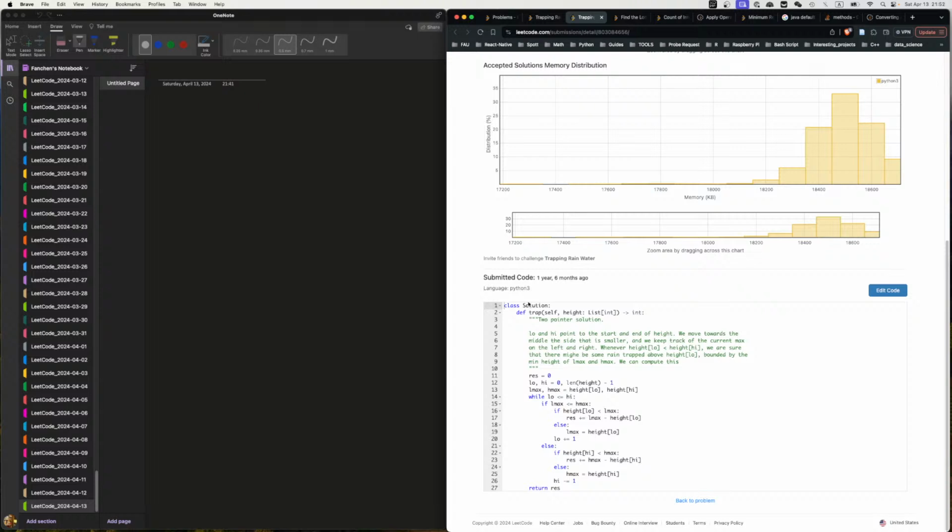We can compute this. So, wait, what? Low smaller than high, left max smaller than right max. If height low is smaller than left max, then res plus equal to left max minus height low. Otherwise, left max equal to height low.